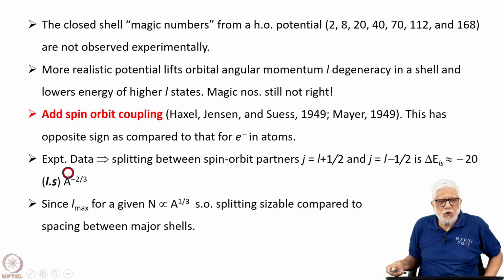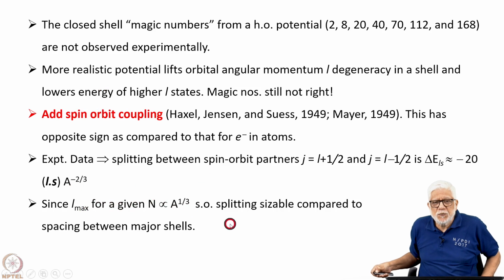This is sort of proportional to the surface area of a nucleus, and it's pretty large. It's about 20 times this L dot S. So since the L max for a given n is proportional to a to the 1/3, the spin orbit splitting is sizable compared to the spacing between these levels, between the major shells.